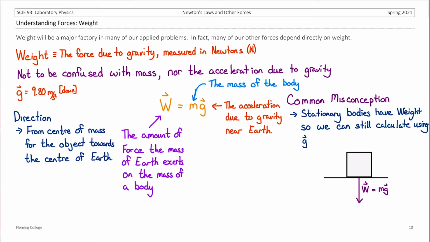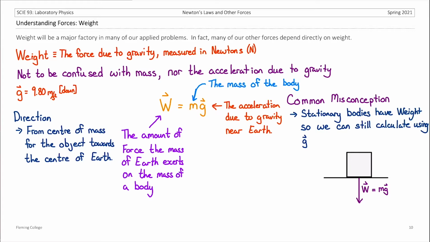You have to work really hard to get over your habit of saying, I weigh so many kilograms. Your mass, measured in kilograms or pounds, will stay constant no matter where you are in the universe. But your weight, referring to the force due to gravity, will change based on which planetary body you are close to.